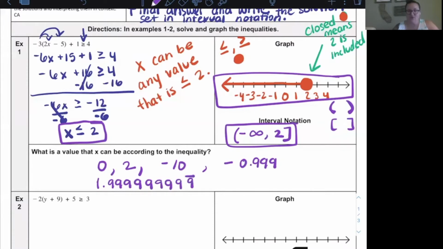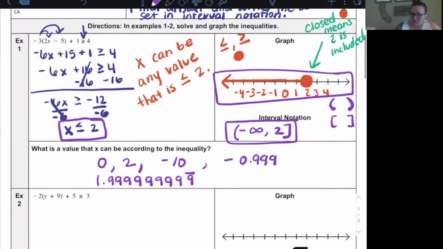This is still approaching 2, but not quite 2, right? So that's as close as we can get to 2. Numbers that can't be included would be like 3, 4, 5, 2.00001. Those numbers can't be included because they're definitely not less than or equal to 2.